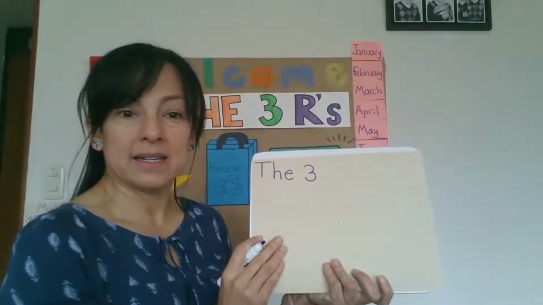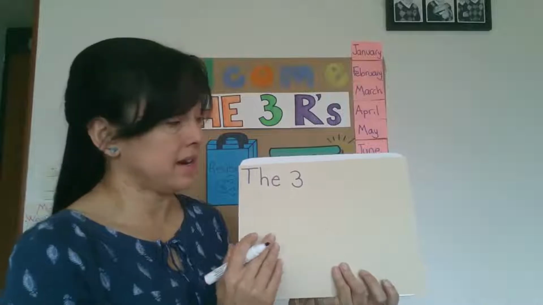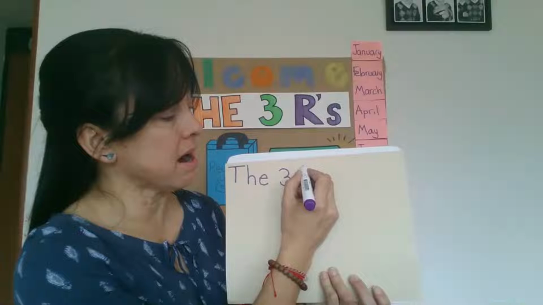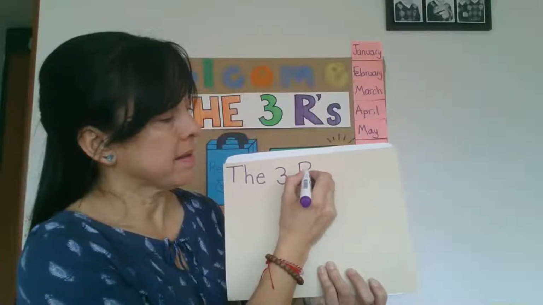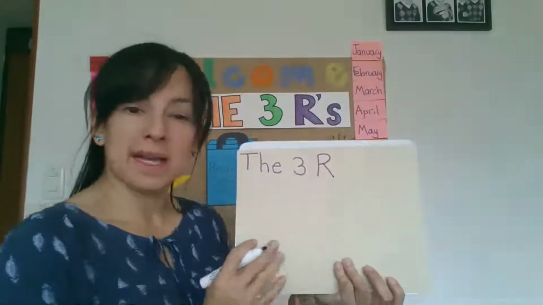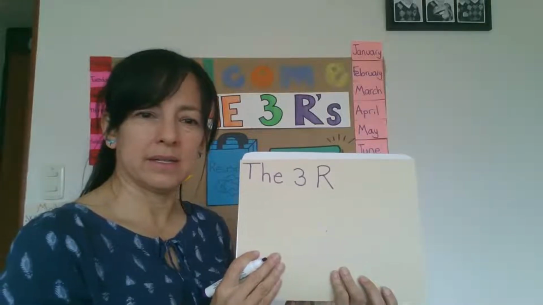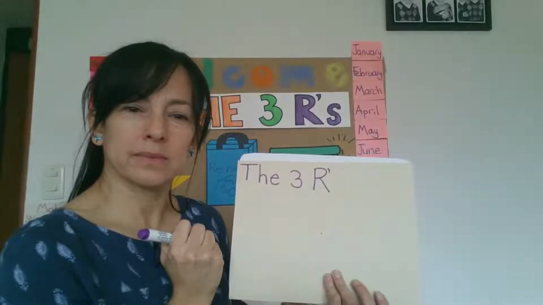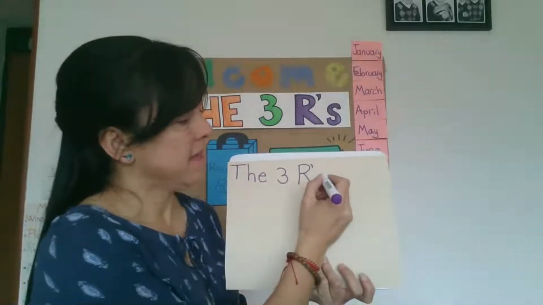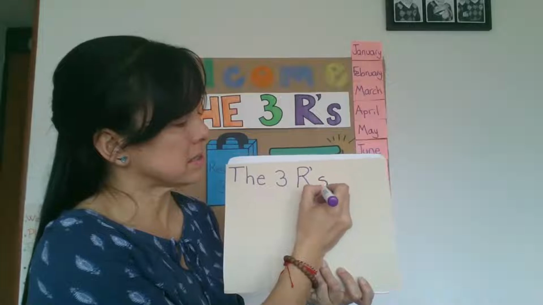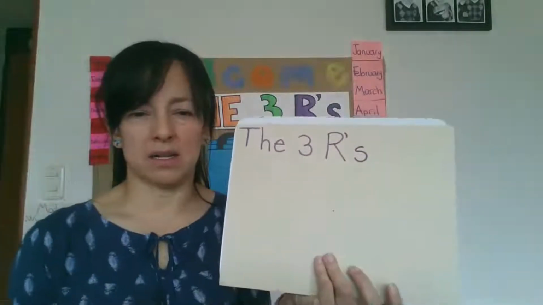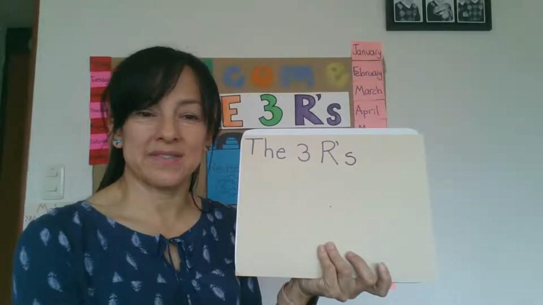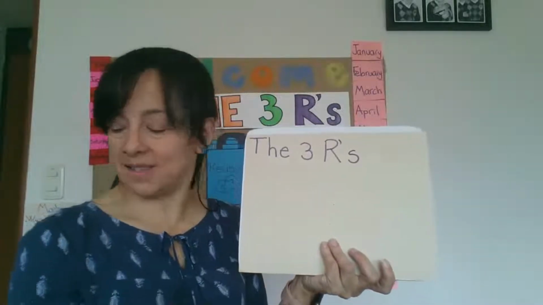And we are going to write a capital letter R. We are going to leave a space here, capital letter R, a little apostrophe here, and letter S, the 3 R's. The 3 R's, that's the title for our activity, our science activity, the 3 R's.